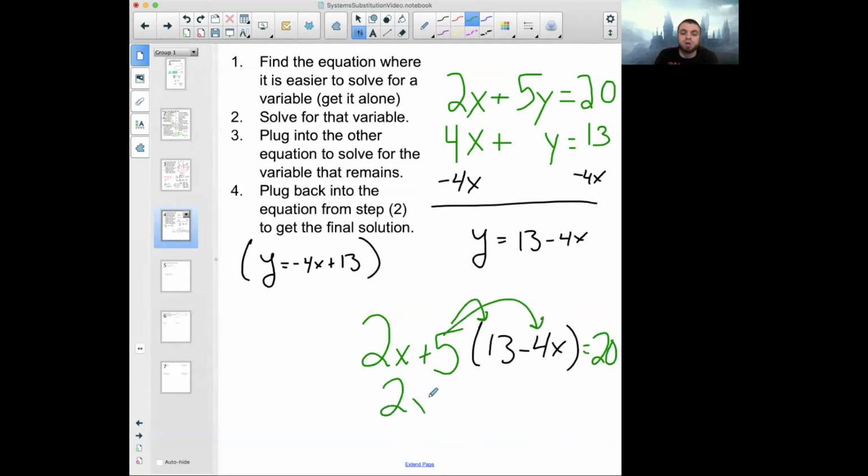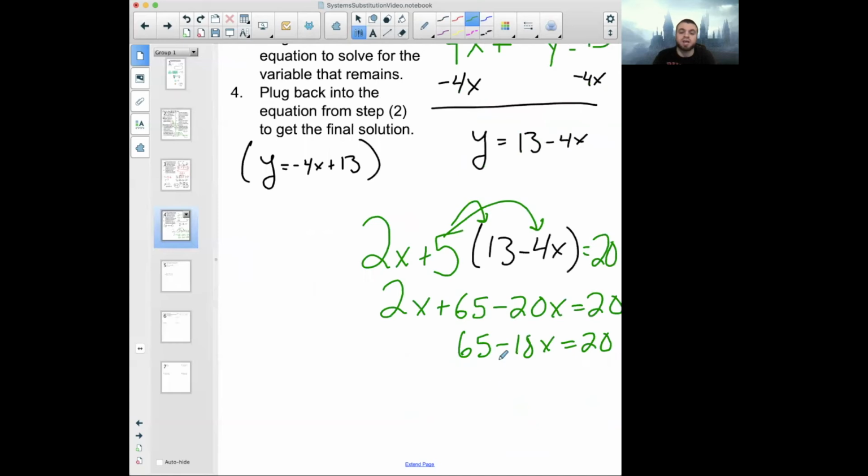So 2x plus 65 minus 20x equals 20. So I have 65 minus 18x equals 20, just combining the like terms, the 2x minus the 20x. So I get minus 18x.